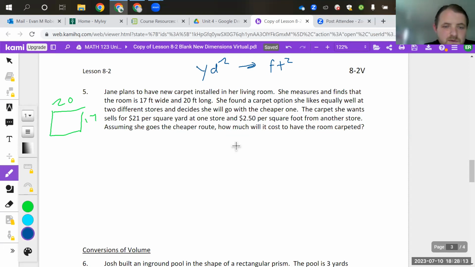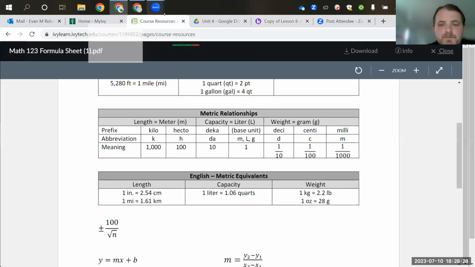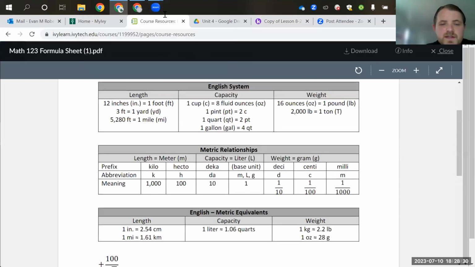I'm just going to start with 21 yards squared and just see what happens from there. So I'm going to put that over 1. And we are aware, according to our chart, that there is 3 feet for every 1 yard.